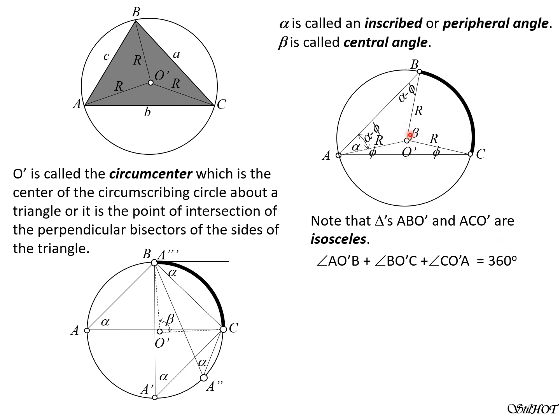So where angle A, O prime, B is this angle here, 180 degrees minus 2 times quantity alpha minus P, plus beta, and then plus this angle which is 180 degrees minus 2 times P.